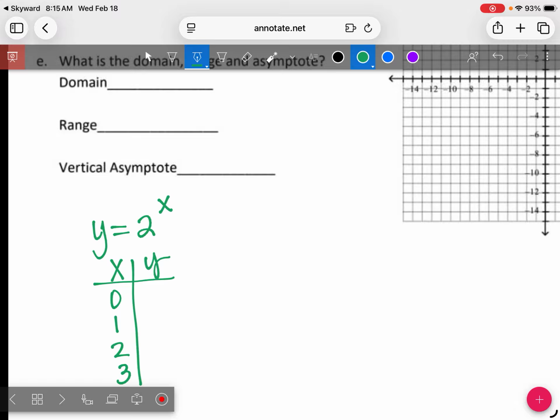All right, so Isaiah, what you get for your 4 y values?